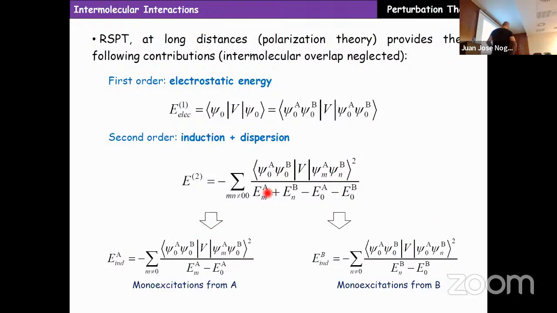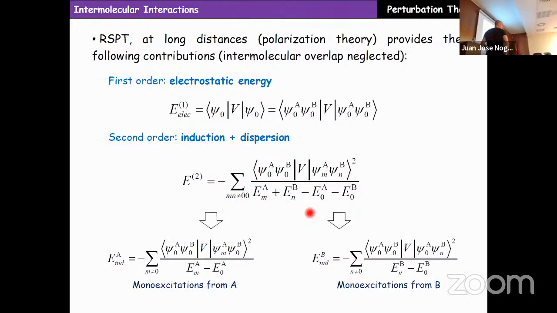I have a summation of all the possible excitations from the ground state configuration, for example, in fragment A, from the ground state to different state configurations of A. And also for fragment or molecule B, all the possible excitations from the ground state to the excited state configuration.